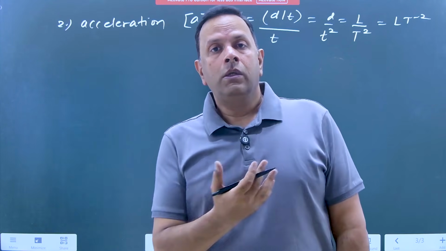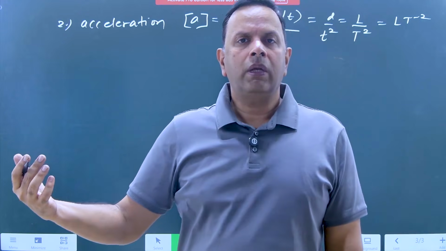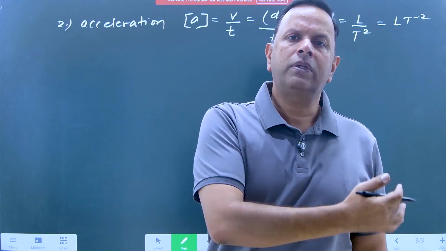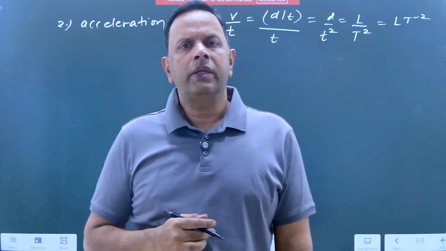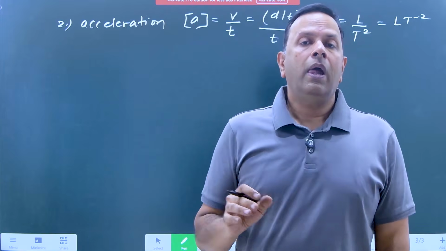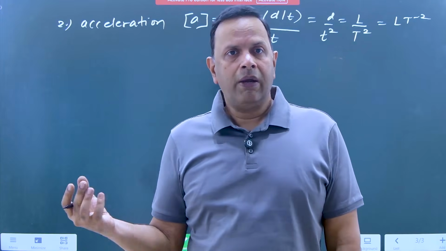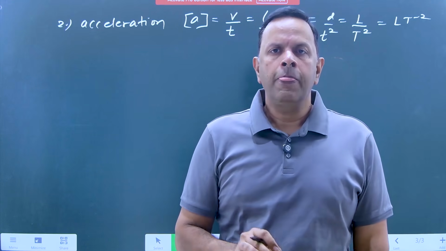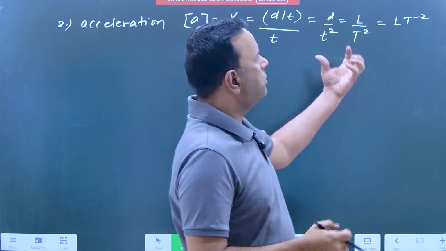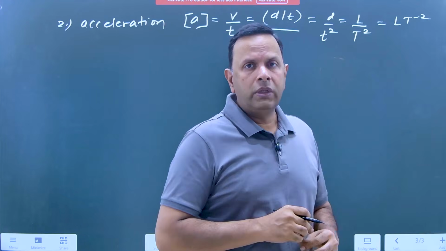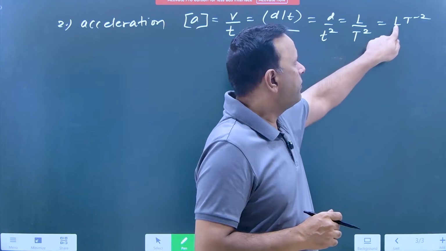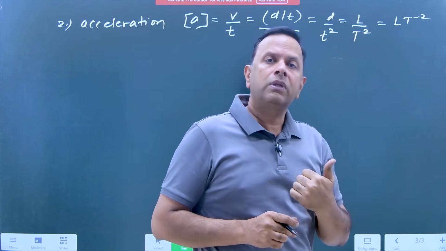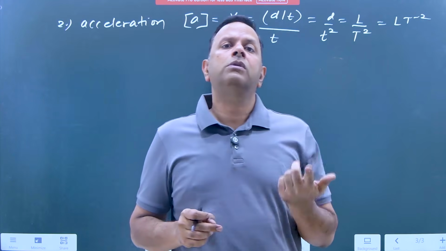Okay. So what I am doing right now is writing the dimensional formulas of the derived physical quantities. I am expressing every derived quantity in terms of the fundamental quantity, and I am writing with what respective power they appear in the result. See, the power of L is 1 and T is minus 2. In the formula for the speed, length was 1, t was minus 1.